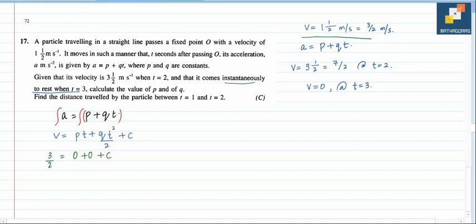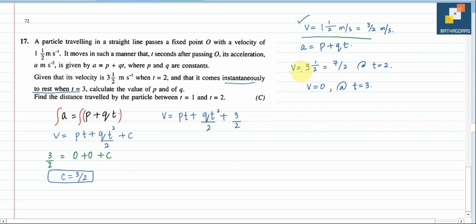So you get c equals 3 divided by 2. Now the expression for velocity is pt plus q t square upon 2 plus 3/2. So we have used the first condition.